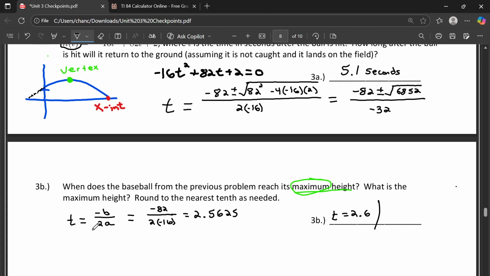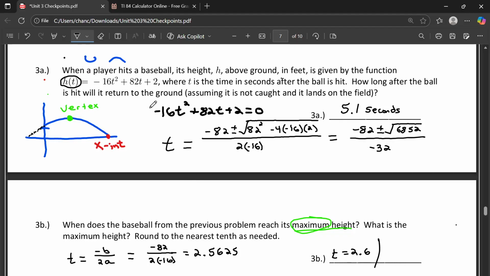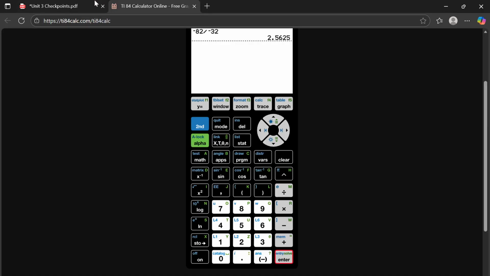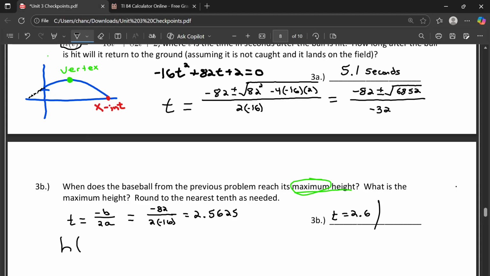I'm going to be a little bit lazy and use the calculator for this. What I'm doing is plugging in this number, h of 2.5625. I don't want to plug rounded numbers into my formulas. I would rather use exact numbers in my formulas and then round the output.